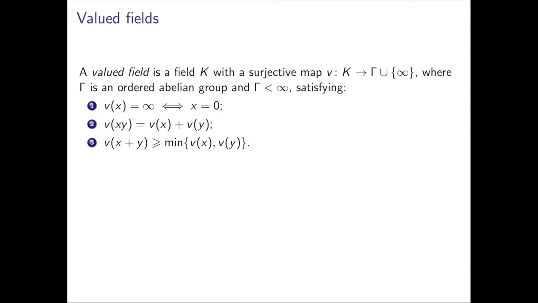You send 0 to infinity, and it's a group homomorphism from the multiplicative group of k to gamma, and it satisfies this strong triangle inequality. So the valuation of x plus y is at least the minimum of the valuation of x and the valuation of y. So you should think of bigger valuation as closer to 0. And negative valuation is infinite. Positive valuation is infinitesimal.